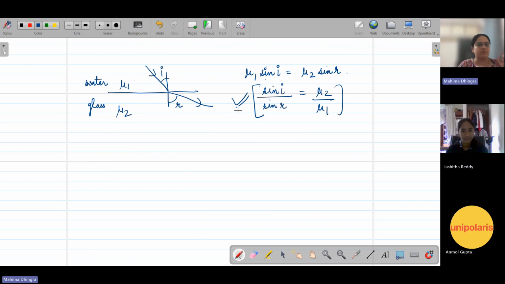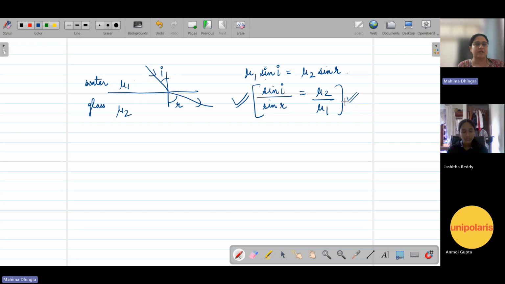This is very, very important. This relation will be used when we find the relations for refractive index by spherical surfaces. This will be used when we talk about total internal reflection, this relation only. It will be used at multiple places, and when we talk about real and apparent depth.